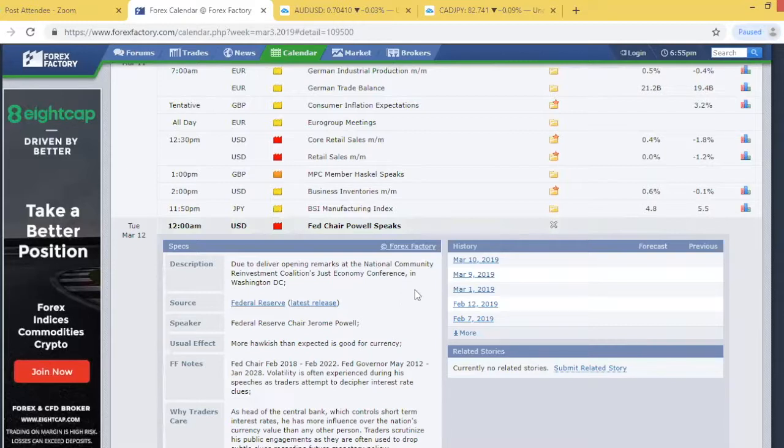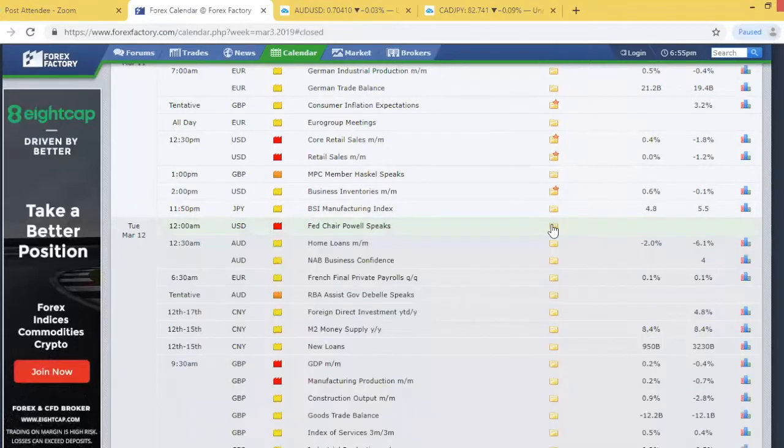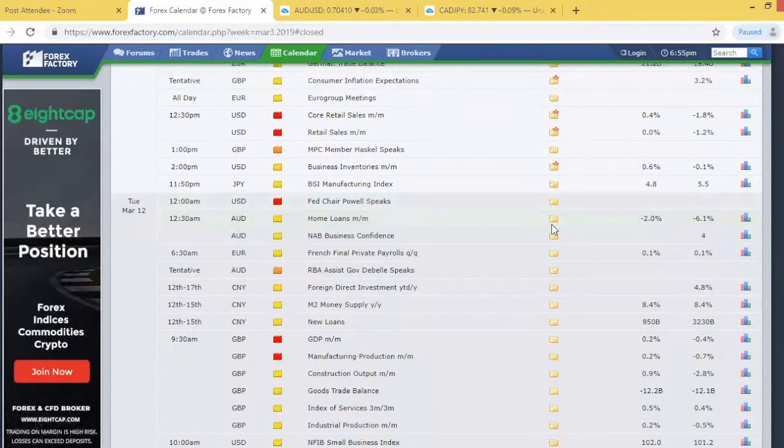The name just rolls off the tongue there. So again, guys, nothing major. Jerome Powell seems fairly busy, giving speeches around at different events, but nothing real major to the US economy.